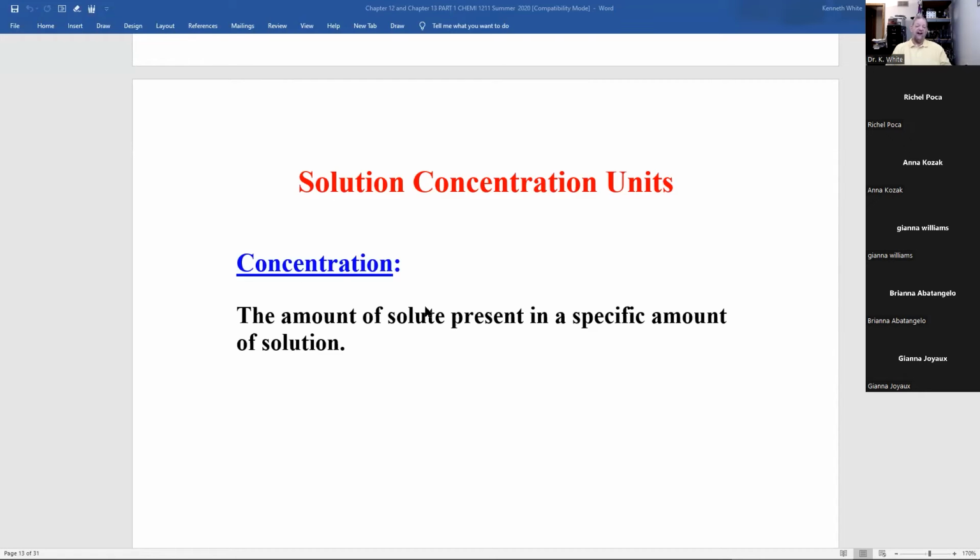Now, concentration, and I'll never ask on a test, is the amount of solute present in a specific amount of solution. And this is called concentration. If you buy anything that's a solution, concentration plays an important role. If you buy some medicine like cough medicine, the concentration of the key ingredient in that medicine is important.